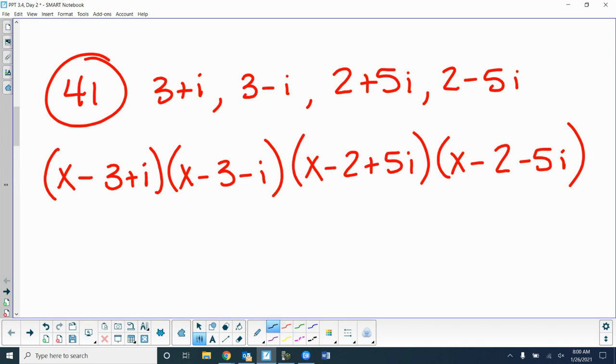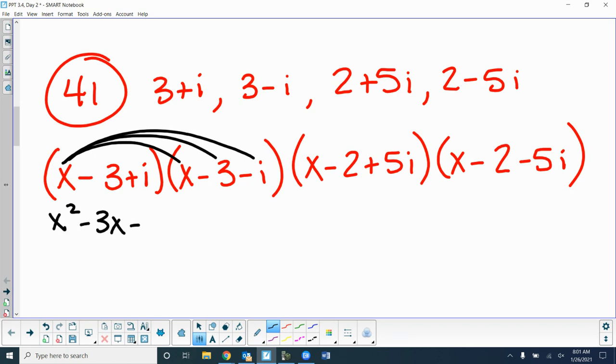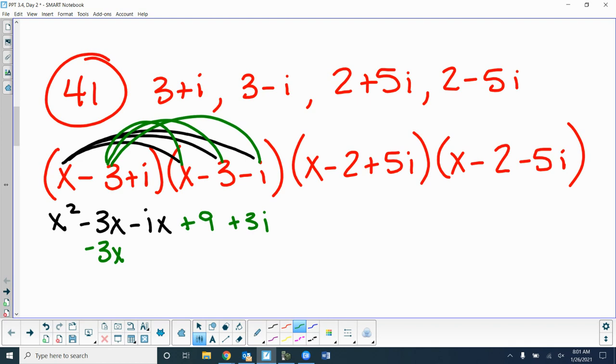Okay, so you're gonna multiply x times all three, which is x squared, minus 3x, minus ix. And then you're gonna multiply negative 3 times all three, which is negative 3x, positive 9, and positive 3i. So negative times a negative. And then you're going to do i times x, which is positive ix, i times negative 3, which is negative 3i, and then i times negative i.